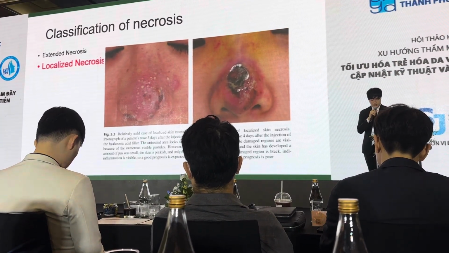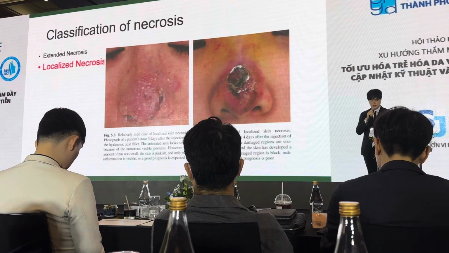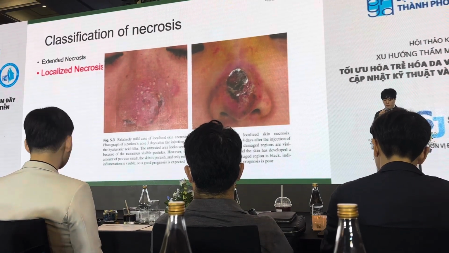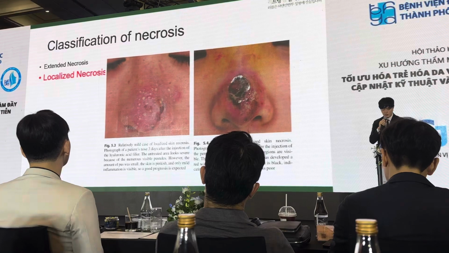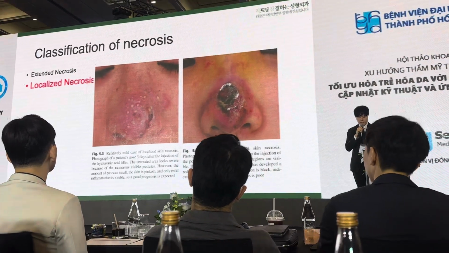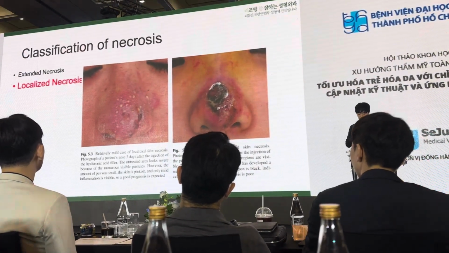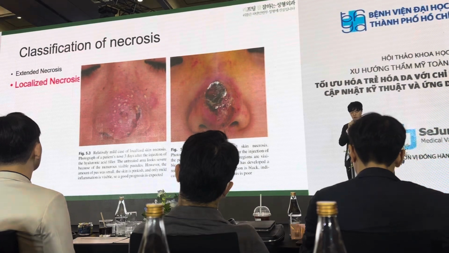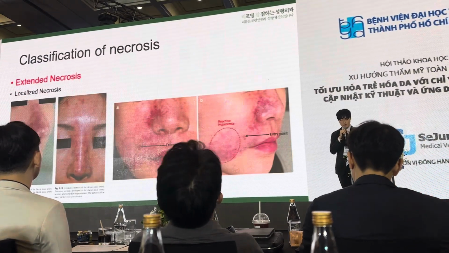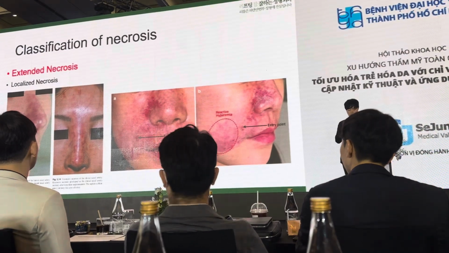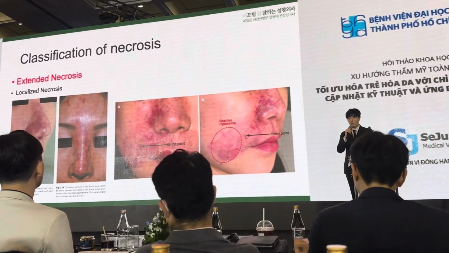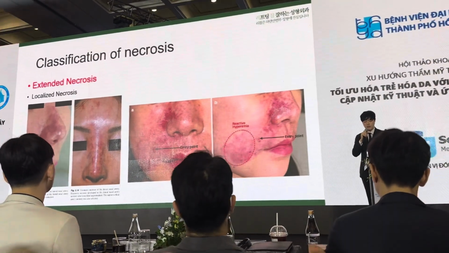Here you can see an example of localized necrosis, a case confined to the nasal tip region. On the right side, a red eschar has already formed, indicating a poor prognosis for tissue recovery. In contrast, extended necrosis can spread widely.